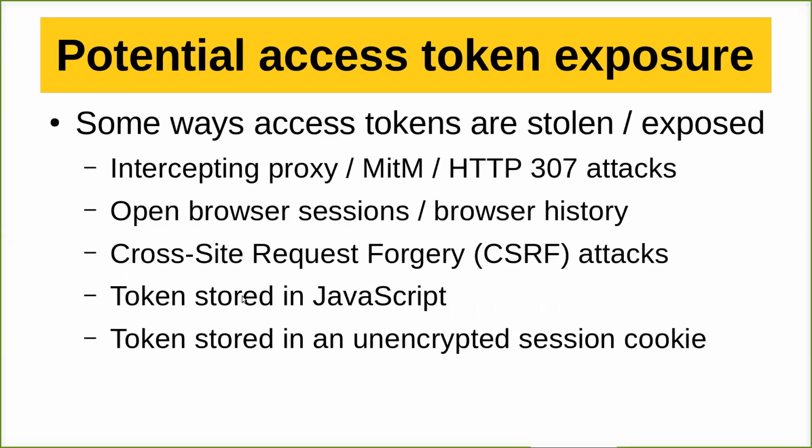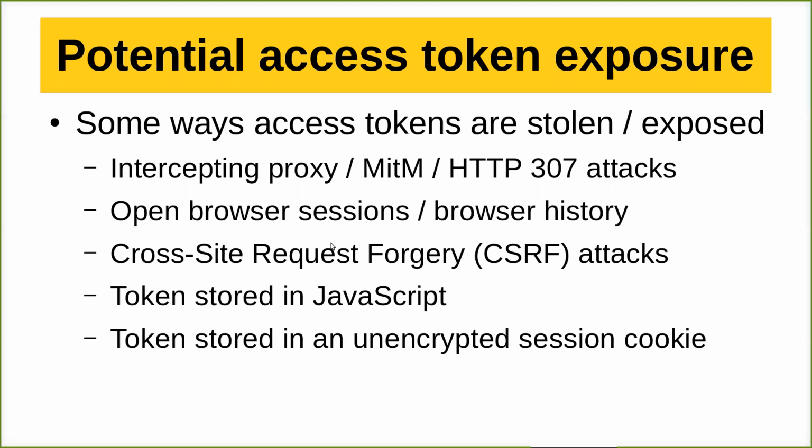Potential access token exposure. This is not an all-inclusive list, but some of the ways that access tokens are stolen or exposed include things like intercepting proxies, man-in-the-middle, and probably kind of rare, HTTP 307 attacks where it's fooled into sending that. Probably pretty rare, but it wouldn't surprise me if it's happened somewhere before.